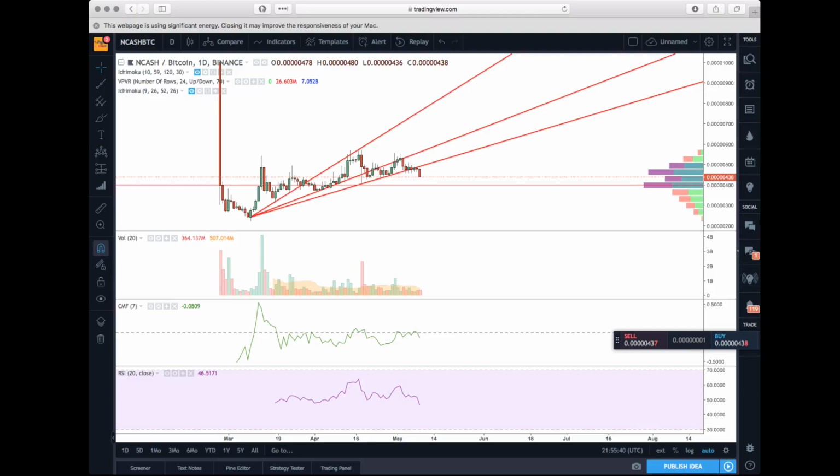Imagine if you bought one Bitcoin worth of this right now, and this wasn't the bottom, and it retraced to its previous bottom at 240. You've got like 0.6 or 0.65 of a Bitcoin at that point. That's a significant loss to face.